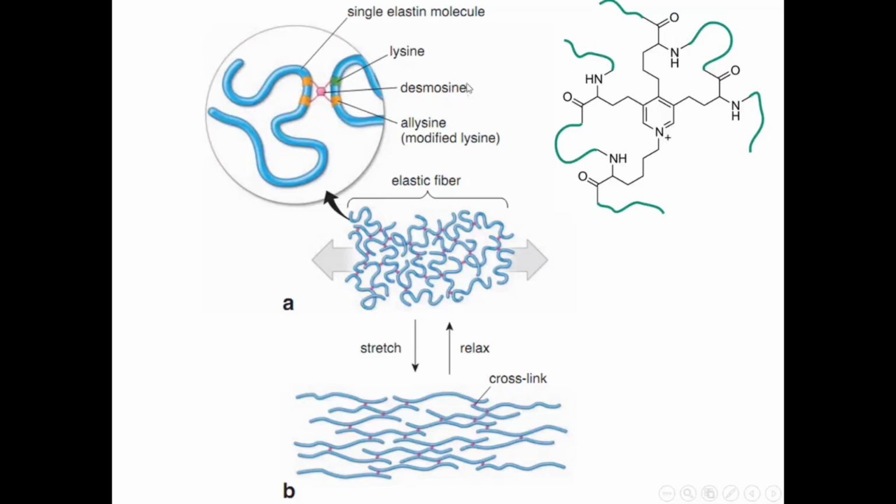In fact, these cross-links are formed by 4 modified lysine amino acids. 2 from these molecules and 2 from other elastin molecules cross-link to each other and make a ring between these 4 amino acids, and we call this ring desmosine. And you can see the elastin molecules cross-linked together by this special cross-link.